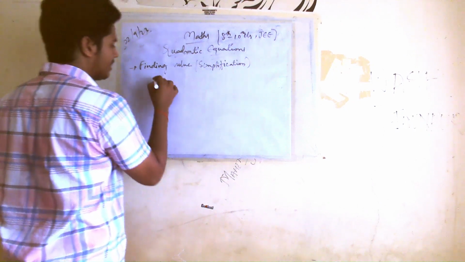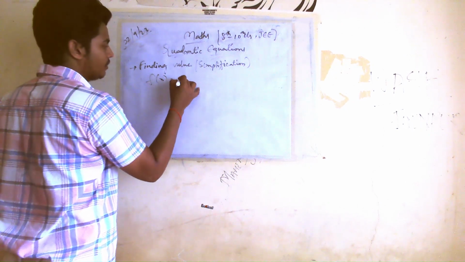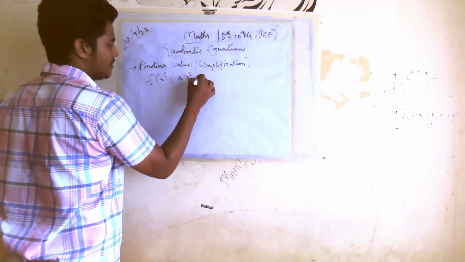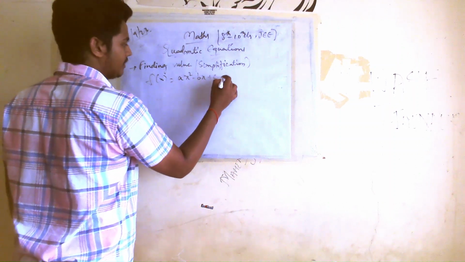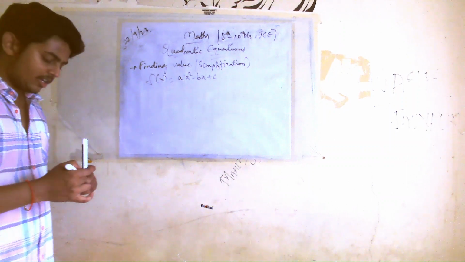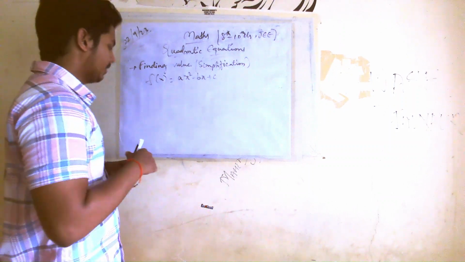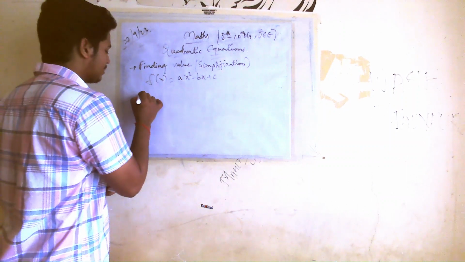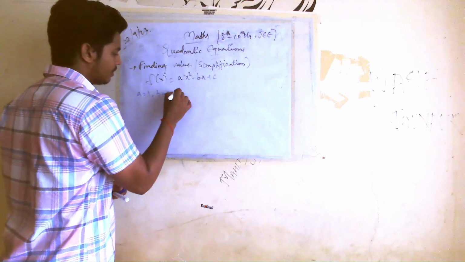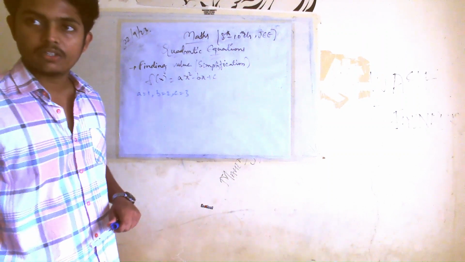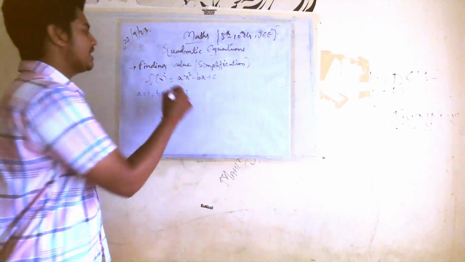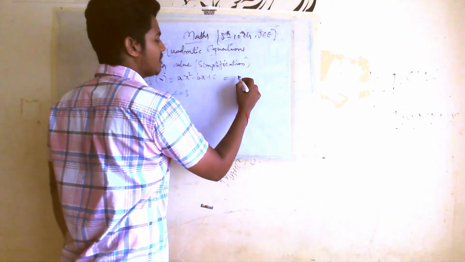Okay, now let's say there is a function f of x equal to ax square minus bx plus c. Now he gave the values: a is equal to 1, b is equal to 2, c is equal to 3. He gave the constant values and he is telling that it is an equation for distance.